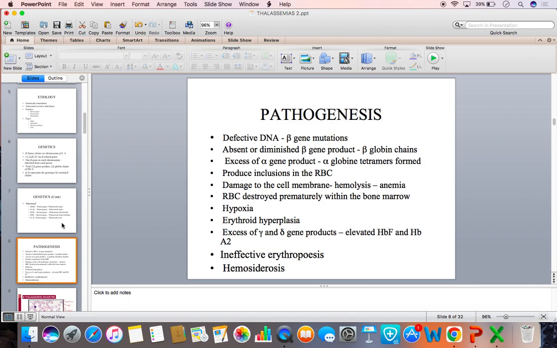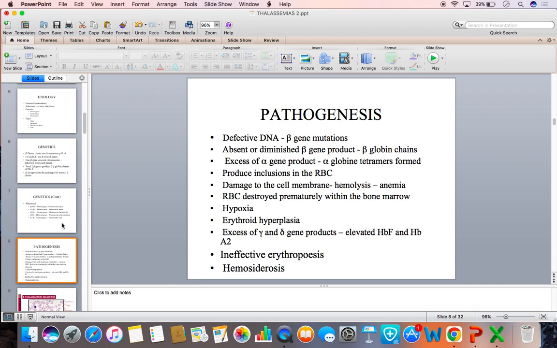Excess gamma and delta genes produce elevated HbF and HbA2. HbF, what is the configuration of HbF? Two alpha chains and two gamma chains. Because there is no formation of the beta globin chains and the gene controlling the beta globin chain is defective, there is overproduction of the gamma chains and the alpha chains, forming elevated levels of fetal hemoglobin and tetramers of the alpha chains.